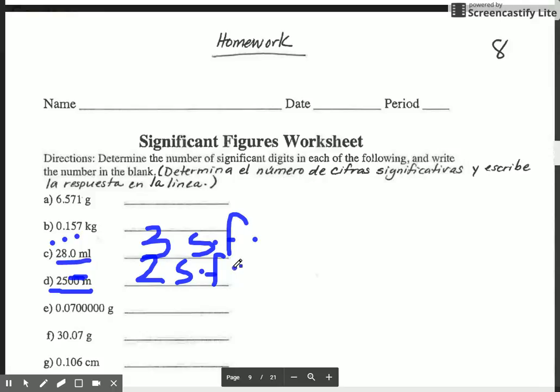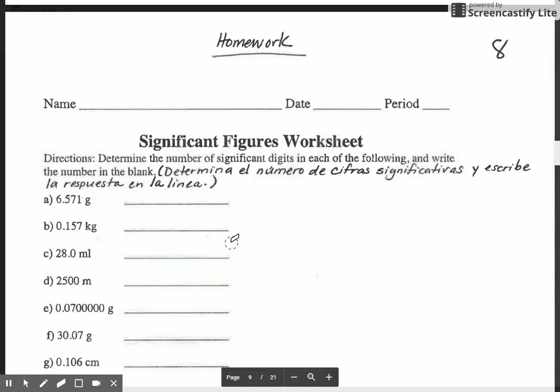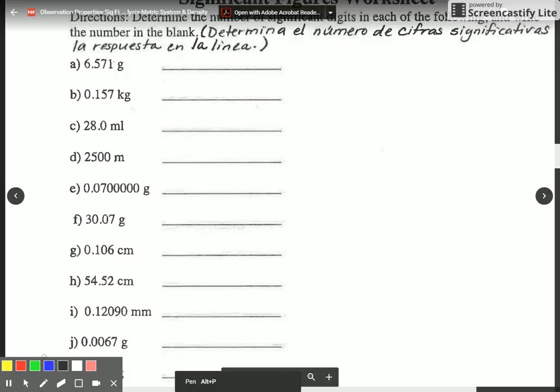Okay, now let's look at letter F, and that will be the last one that I'm going to be doing. So you can go back to your notes and check your rules. So you have letter E, no, F. There is a rule that says that zeros that are sandwiched in between numbers will be significant.